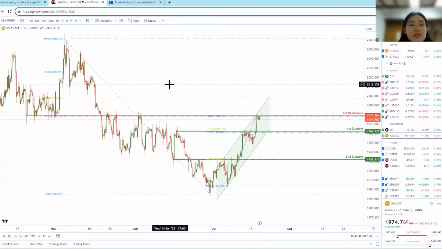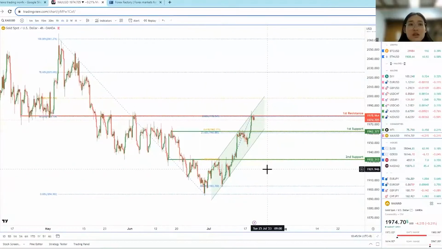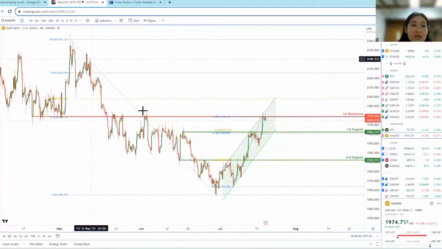Remember when you're using Fibonacci, you want to make sure that you're following the shape as well. That's why I started my retracement from here so that it follows the shape, because there is a little bit of a gap here. Okay, I think that's all the levels we have.